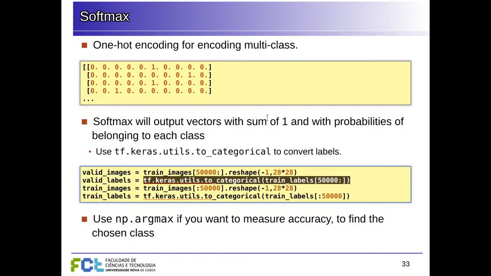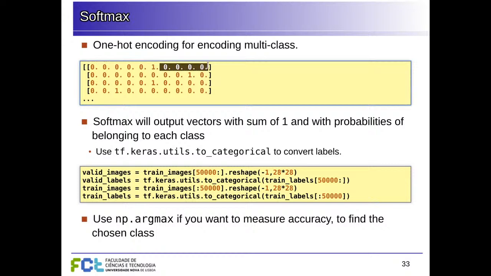But since we are going to create this multi-class classification model, we need to encode the labels in this way, where, for example, if a point belongs to this class, then this one is 1, and all the others are 0. And this is what we'll have at the output of our network with softmax, which gives us the probabilities for each of the classes.